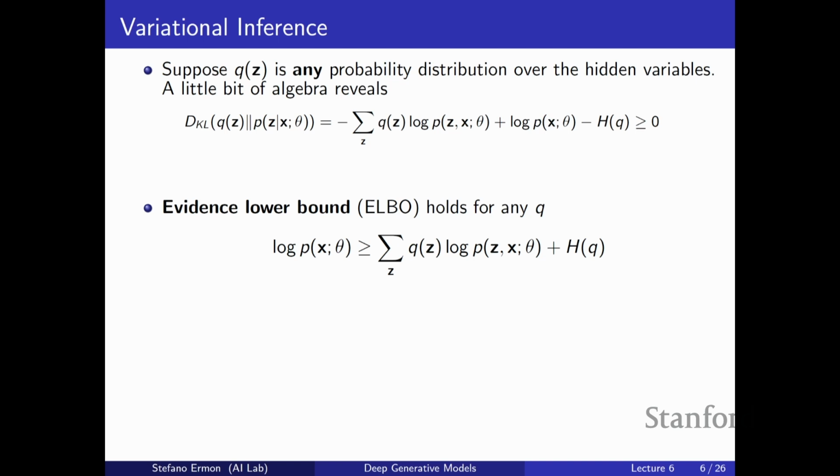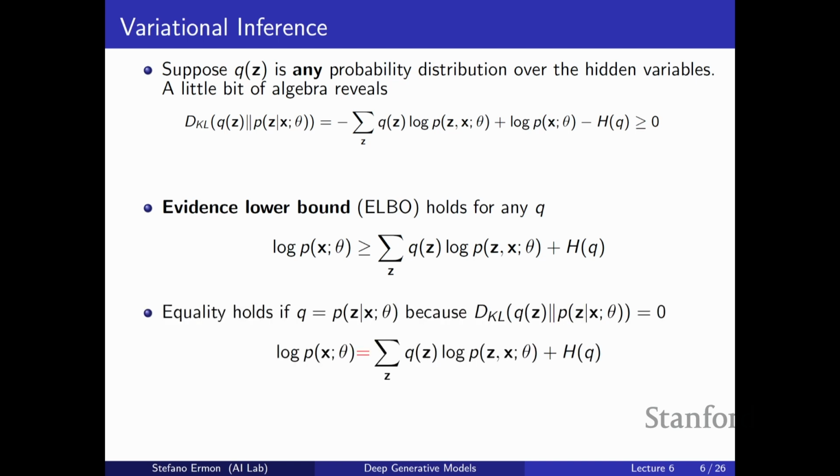So you can clearly see that if you choose Q to be the conditional distribution of Z given X, this bound holds for any choice of Q. If you choose this particular distribution, then this KL divergence has to be 0, because the left and the right argument of that KL divergence are the same distribution. And so this inequality becomes an equality, and we get the result that the ELBO is tight.